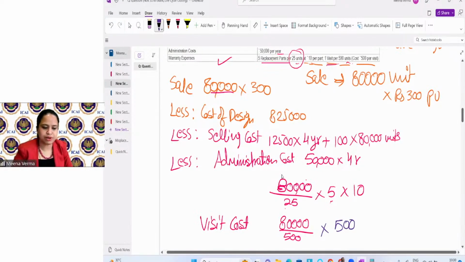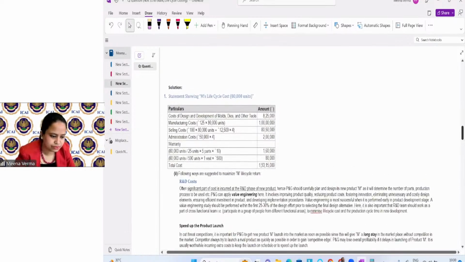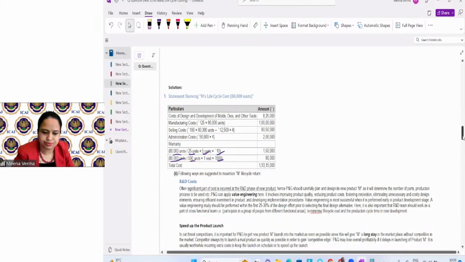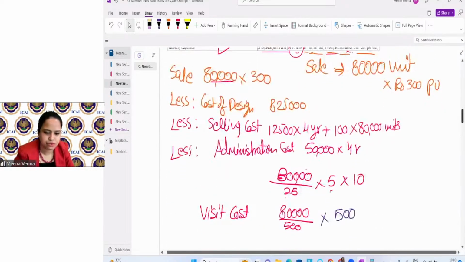Just multiply all these values, add them, subtract them, and you will get the answer. You can see here 80,000 divided by 500 into 500, and 80,000 divided by 25 into 5 parts into 10. So this is what I have done here.